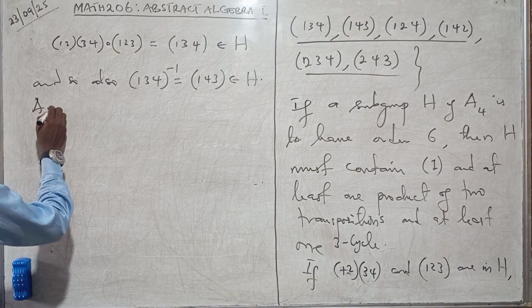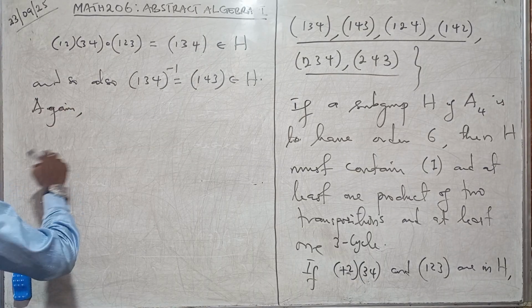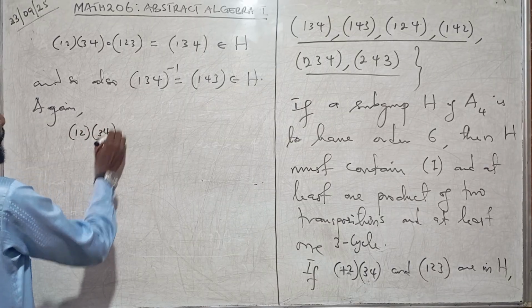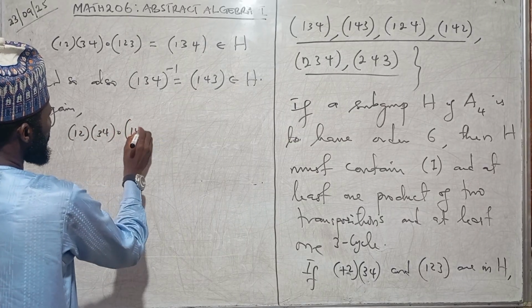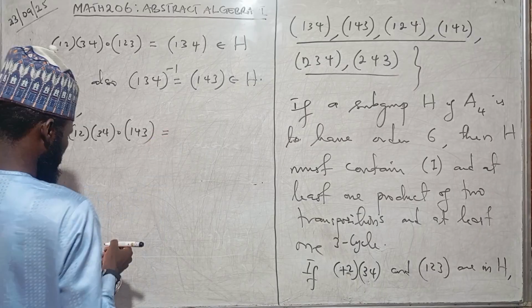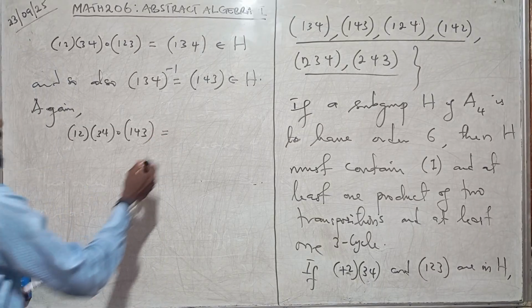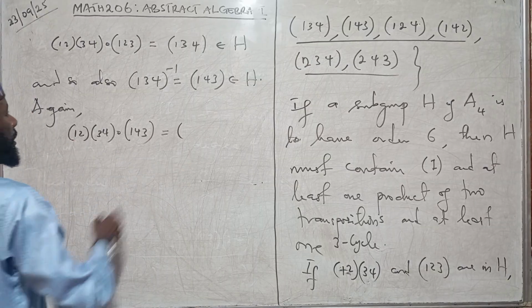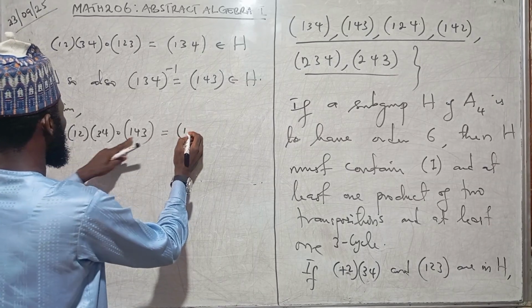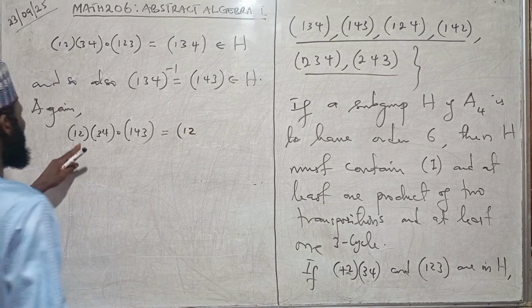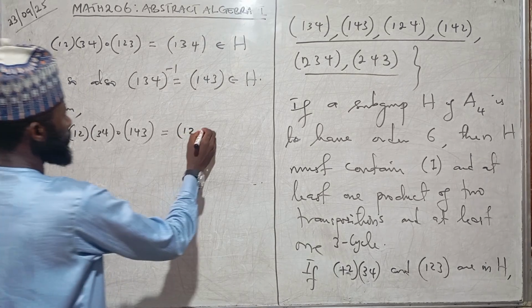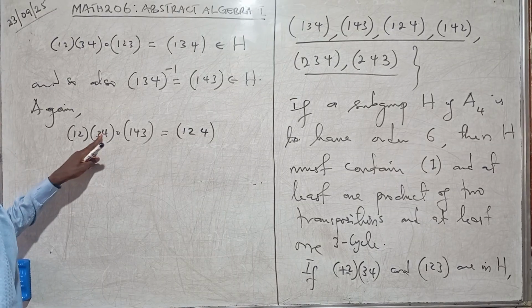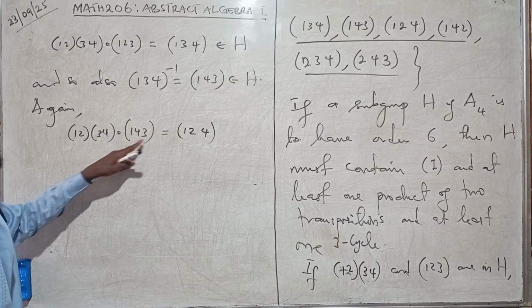And so also the inverse, (1 3 4) inverse, which is equal to (1 4 3), must be in H. And again, by closure in H, you must have (1 2)(3 4) composite (1 4 3) in H. This composite gives us again another cycle of length 3. So it is 1 to 2, and 2 is mapping to 1, and 1 to 4. This is what is going to happen, because 4 is to 3, and 3 to 1.